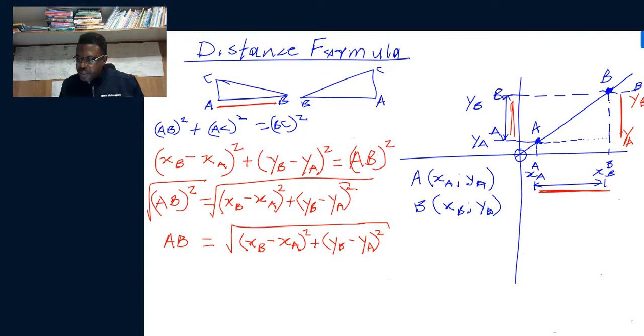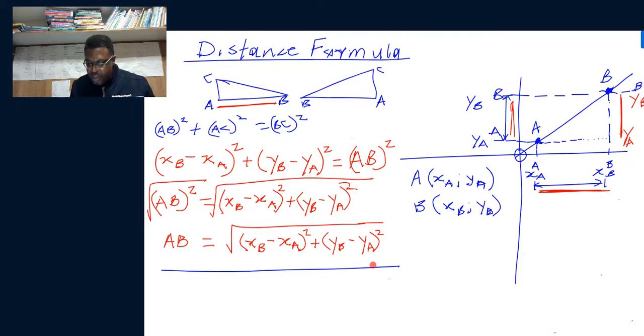Okay, this is it. This is the equation. This is what we're looking for. This is the equation that we use to calculate the distance of line AB. So distance line AB. So this is it. Line AB, the red line.